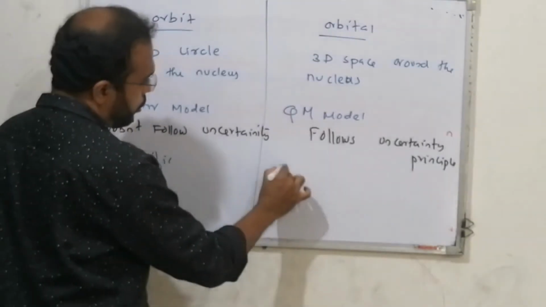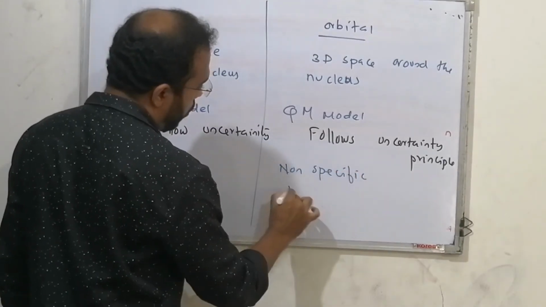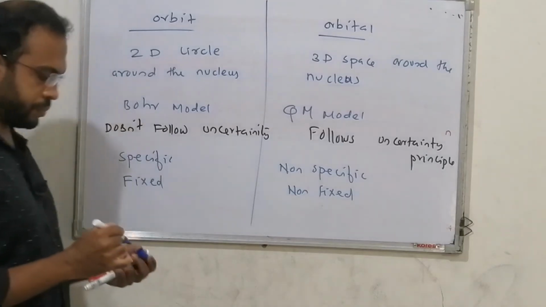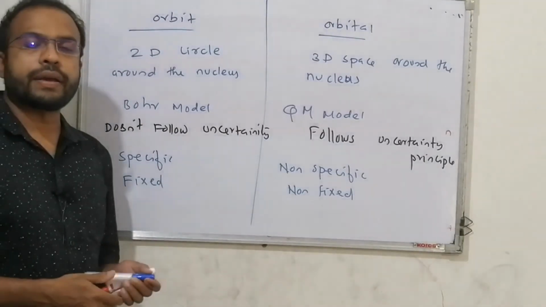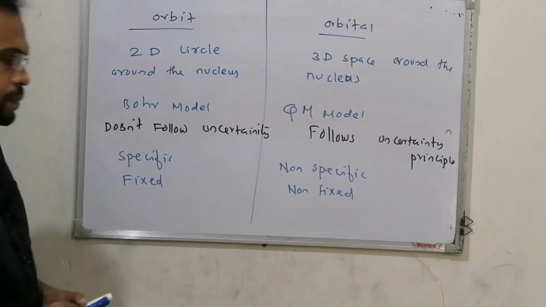Orbital is non-specific, non-fixed. Okay, this is the difference between orbit and orbitals.